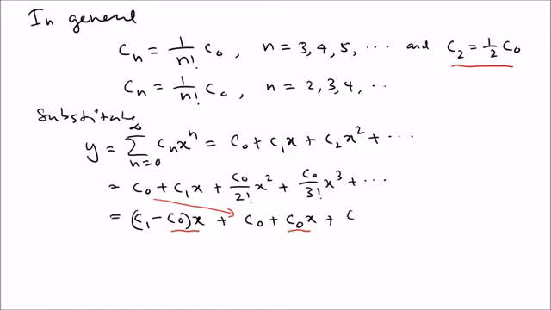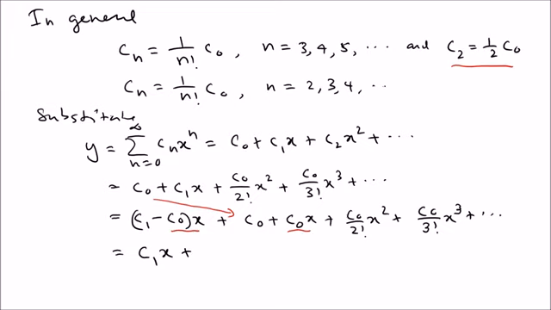So what's the rest? C0 over 2 factorial x squared, C0 over 3 factorial x cubed, like that. And you can see from the rest, this C1 and C0 are just constants. I'm going to call it a big C1 plus, what's going to happen here?